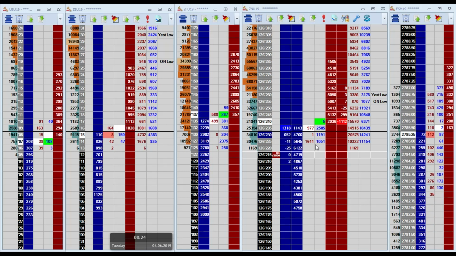Trying to do a better job of letting trades play out. You know, I want to set a target, achieve that target, or take the loss, and not scratch trades so much, or pull them off after a tick.